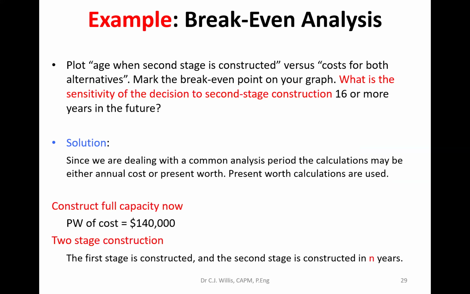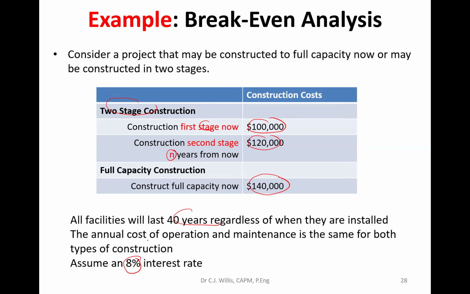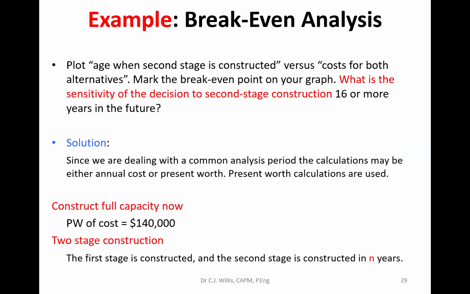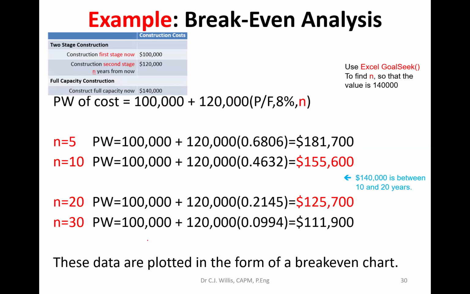So you can plot both of them. The first option is the full capacity project at 140,000, and the second is the two-stage project, 100,000 now and N years later. So what is that N that makes both of them the same?